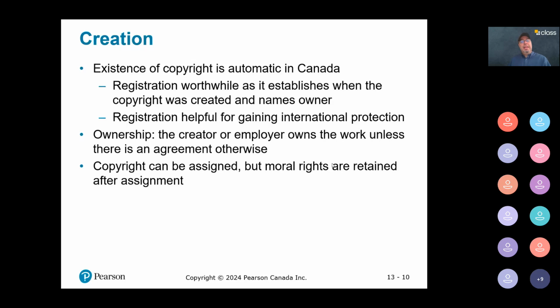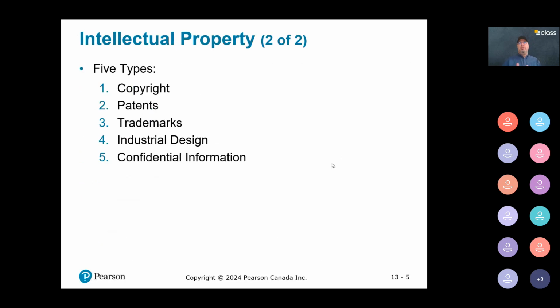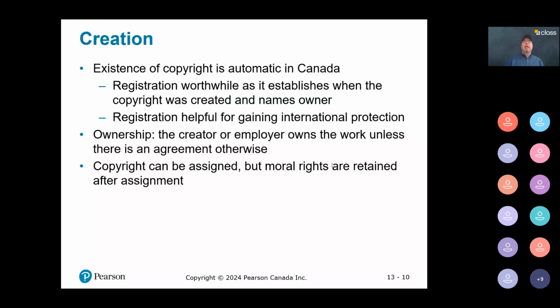Now, a second reason to register your copyright, it's because all types of intellectual property, copyright, patents, trademarks, industrial design, they are only protected in the country they were created, invented, discovered. So this lecture is being recorded here in Canada, so it's protected only here.